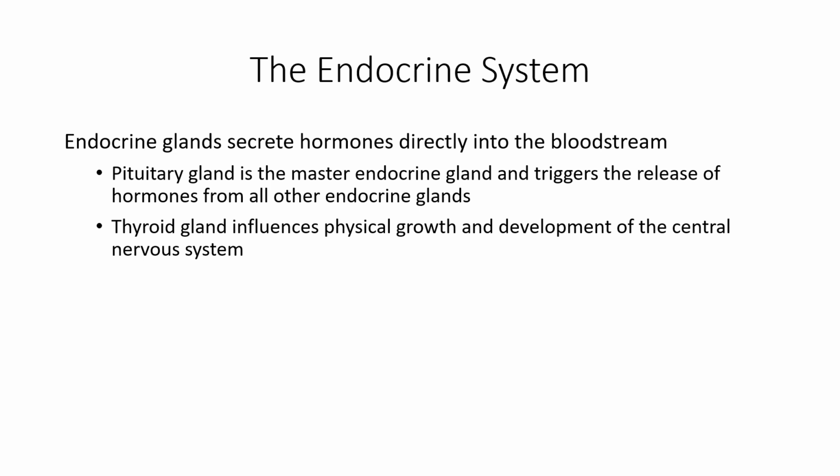When we get to puberty, we'll talk about how the release of hormones at a specific time starts the process of puberty, as well as makes it much more rapid in the teenage years and makes for the body changes that we have then.